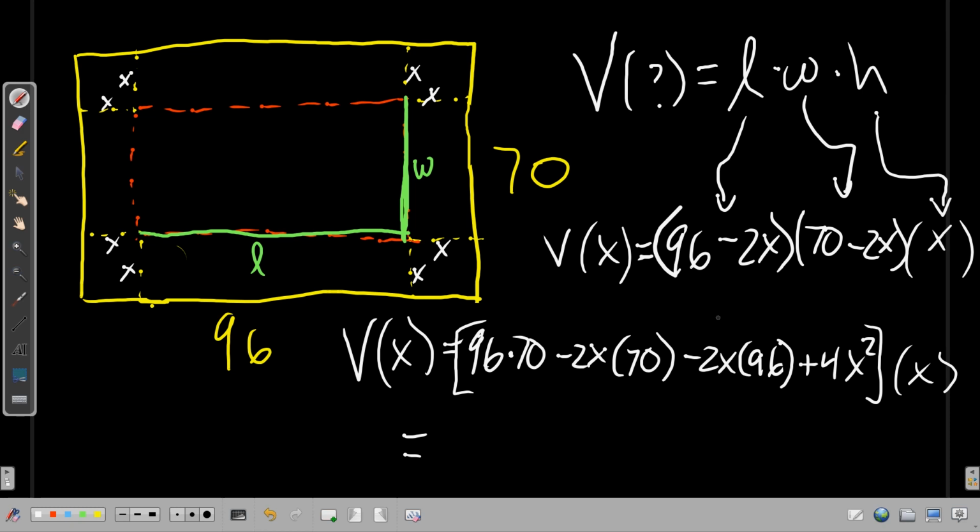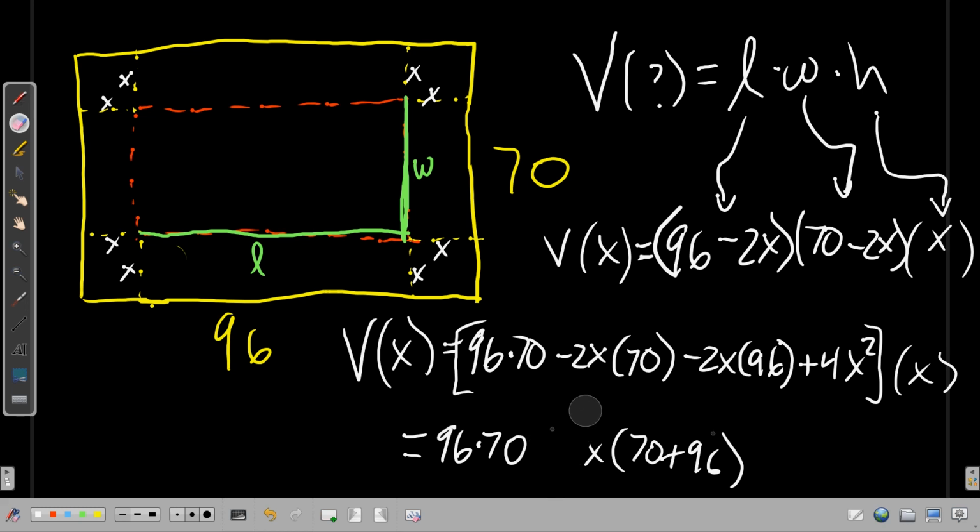Okay, and what I see is that right here, both of those have a minus 2x. So I'll just factor that out. 96 times 70 minus 2x times 70 plus 96.